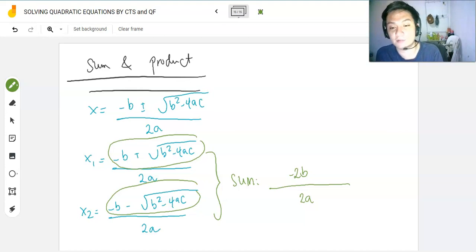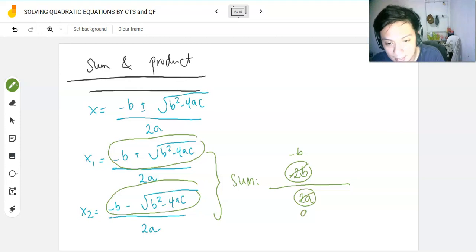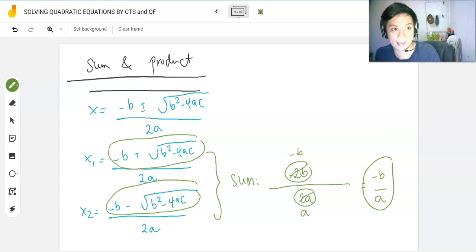And we can further simplify by dividing both the numerator and denominator by 2. So, this will just be negative 1b or simply negative b. Ito naman, 1a or simply a. So, ibig sabihin, if we're just after getting the sum of the roots of the quadratic equation, ito ang sagot, negative b over a.